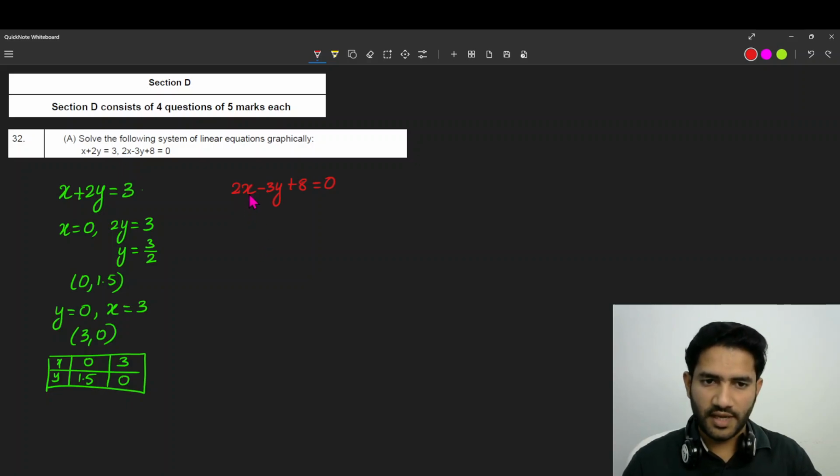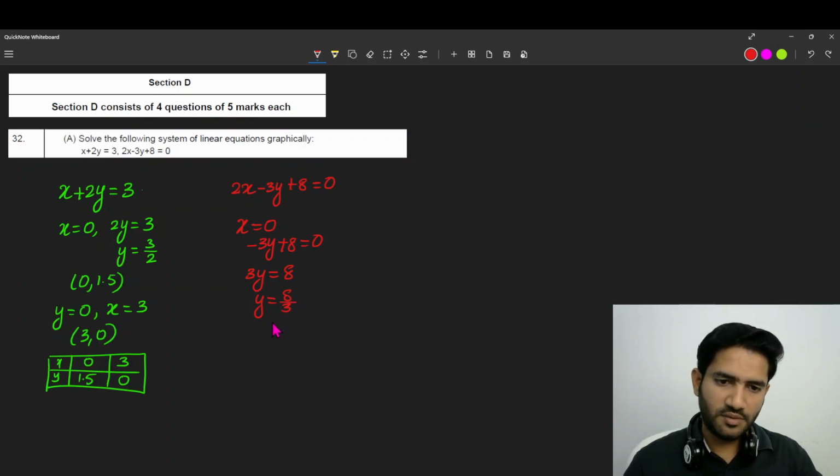So if we consider x equal to 0, we will get minus 3y plus 8 equal to 0. So 3y equal to 8, y equal to 8 by 3.